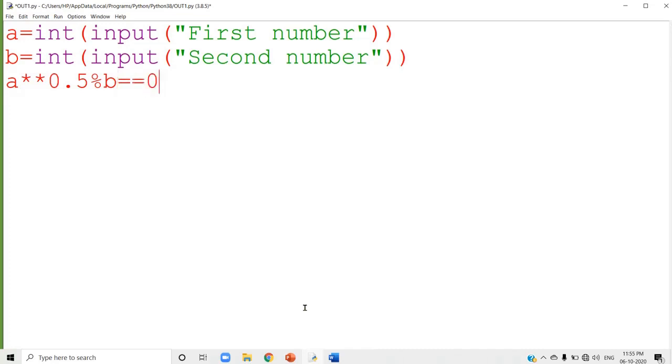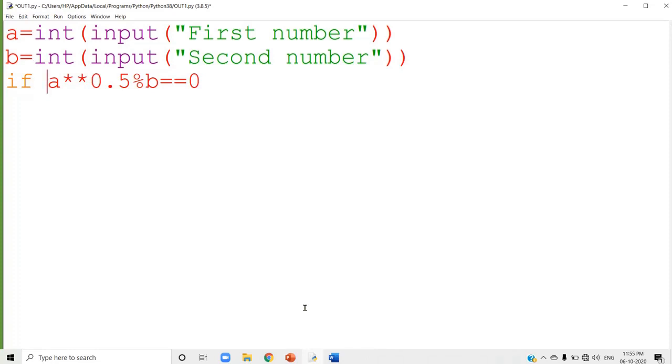You are checking a condition. How can you check a condition in Python? By using which statement you will check the condition? We already studied in the last class. To check a condition, we will use the if statement. So I am going to write if A double star 0.5 percentage B equal to 0.